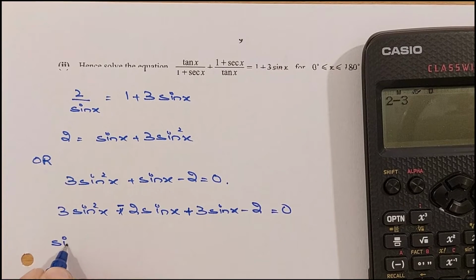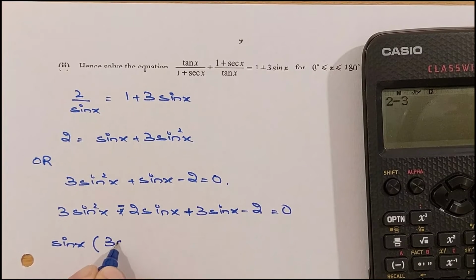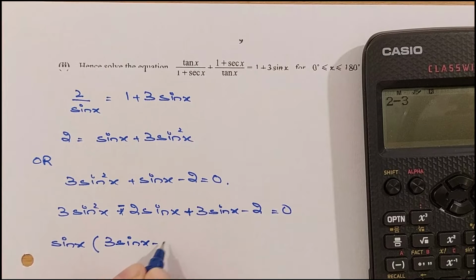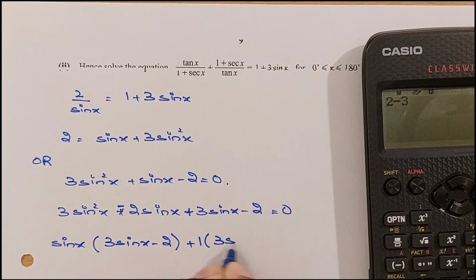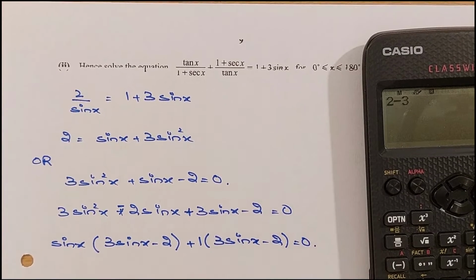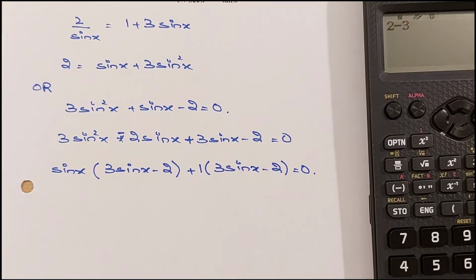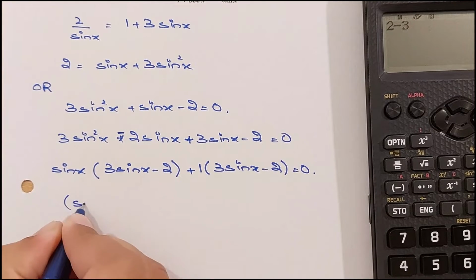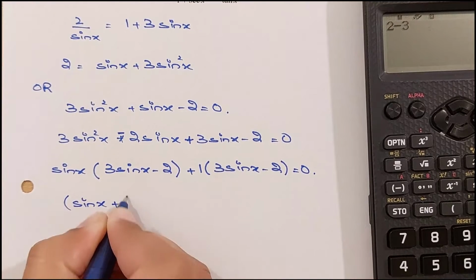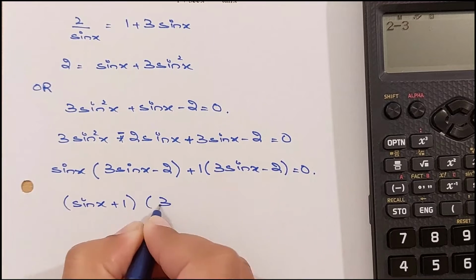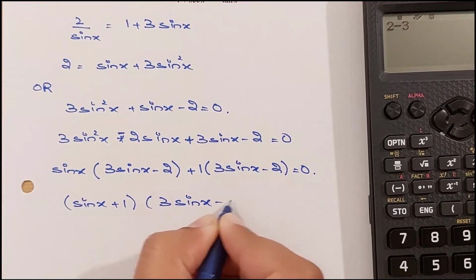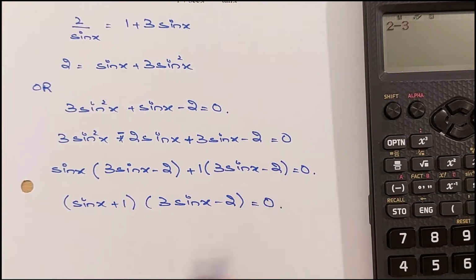Okay, sine x is common. So we have sine x (3 sine x minus 2) plus 1 is common, (3 sine x minus 2). This equals 0, right? So the factors are (sine x plus 1) and (3 sine x minus 2) equals 0, right?